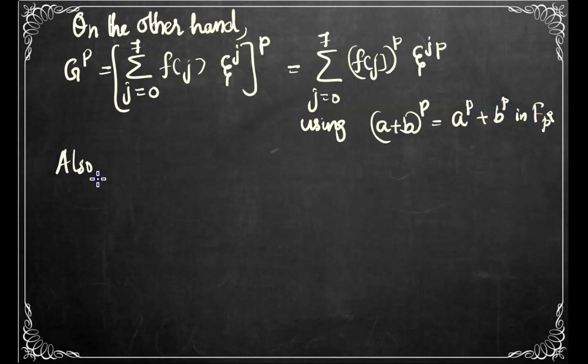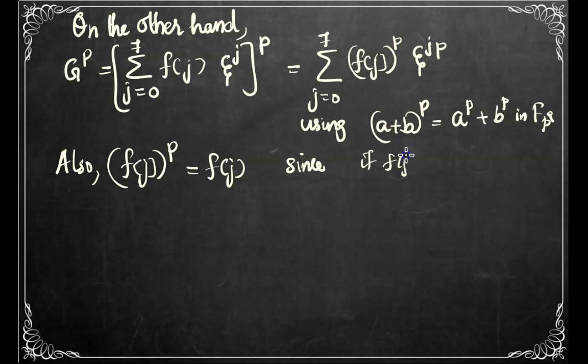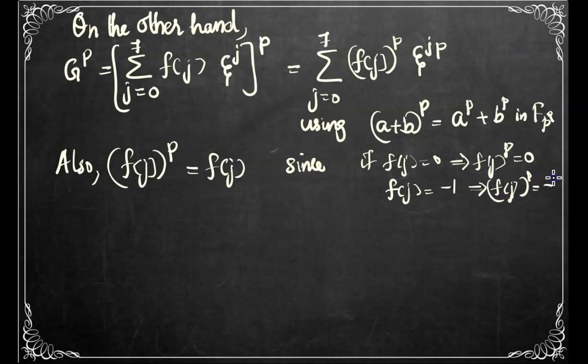Also, notice that f of J raised to P is equal to f of J. Since if f of J is equal to 0, then f of J raised to P will be equal to 0. If f of J is equal to minus 1, then f of J whole raised to P will be equal to minus 1 since P is odd.